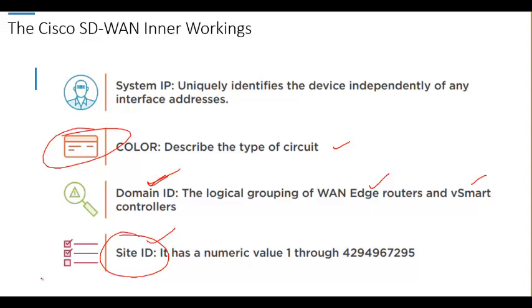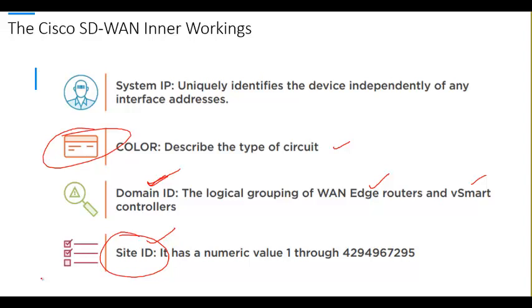The vSmarts and the WAN edges will have a common domain ID. For one SD-WAN fabric, the domain ID will be same for all WAN edges and vSmart. But site ID will be different for each site.